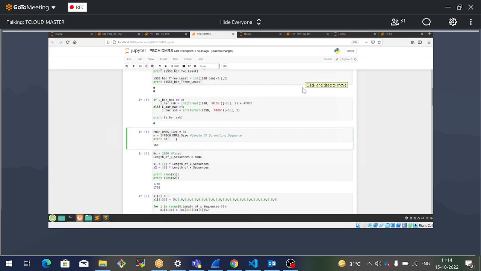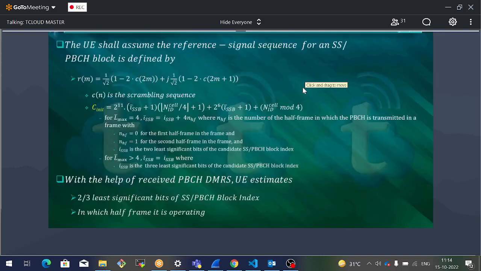Now, what is the size of the DMRS you have to calculate? DMRS is going to take exactly 84 symbol positions. How do I know? I know it from the table that I showed you when introducing this SSB block.